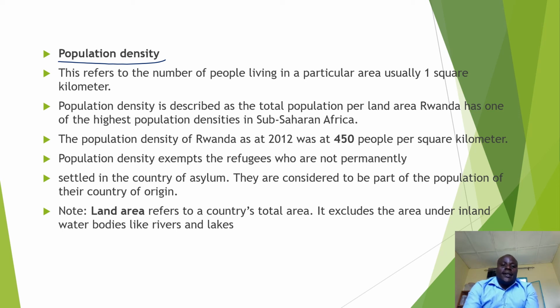In Rwanda, the population density of 2012, because I said that's when we had the last census, was 450 people per square kilometer, which is high compared to the size of our country. The size of our country, or the total area, is small, but the density is high.